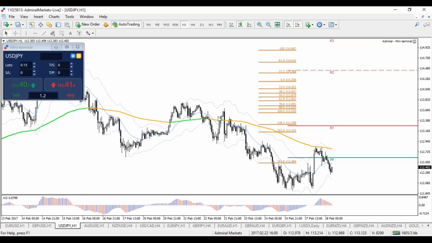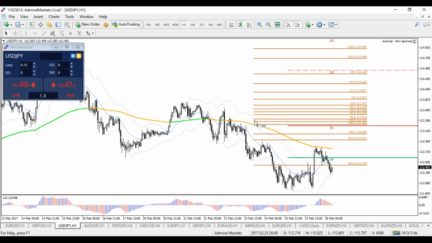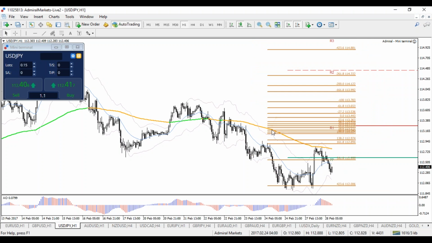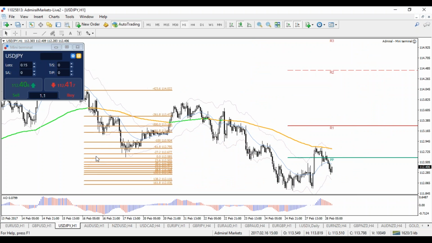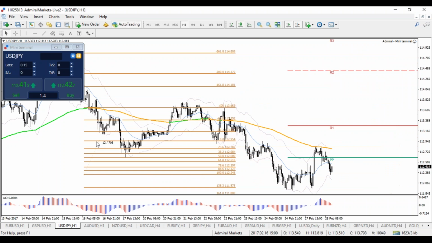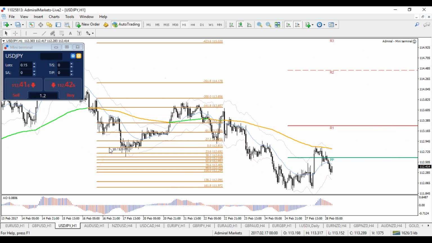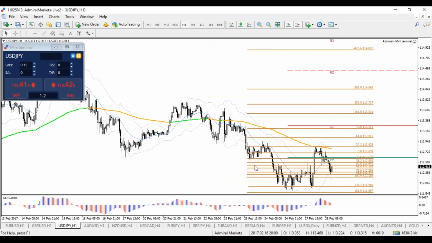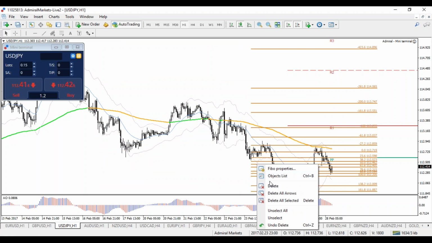And then you'll have all these fibs. So that's a quick explanation. If you want to know all the fibs I have, you can either make a screenshot right now, like this, or just write me an email, and I can tell you those levels.